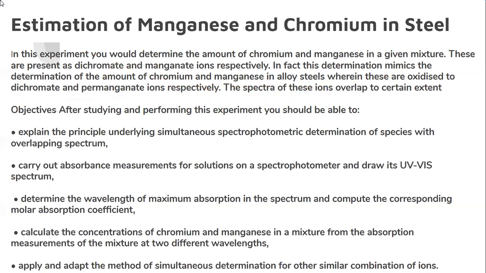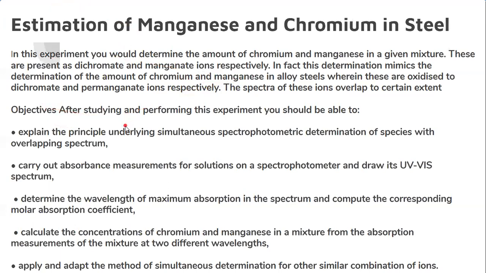Thereby these are converted into the oxidized forms Cr plus 6 and Mn plus 7. So that is the first step. Whatever steel we are using to estimate the chromium and manganese, the chromium and manganese should be converted into Cr plus 6 and Mn plus 7. Thereby only we can identify the concentration.